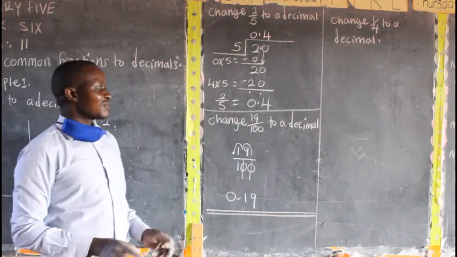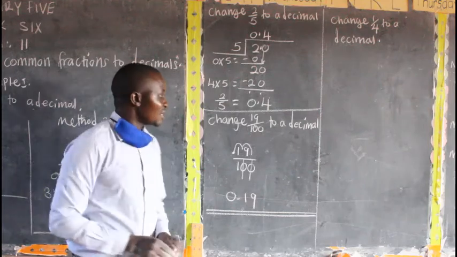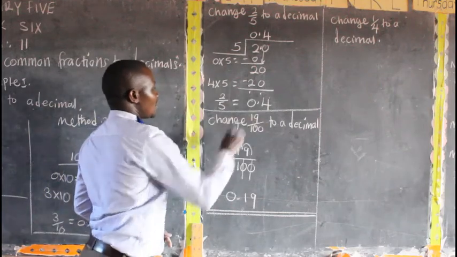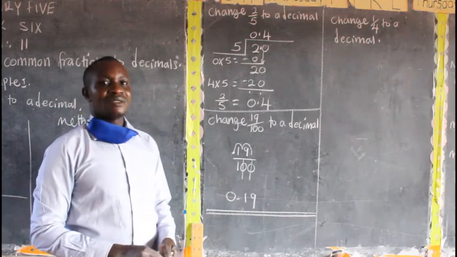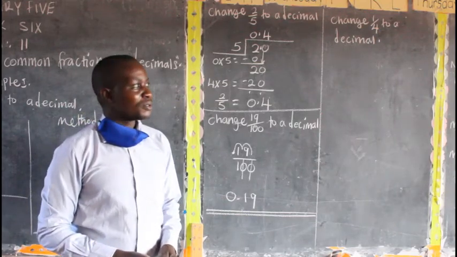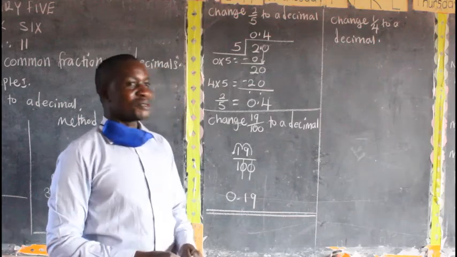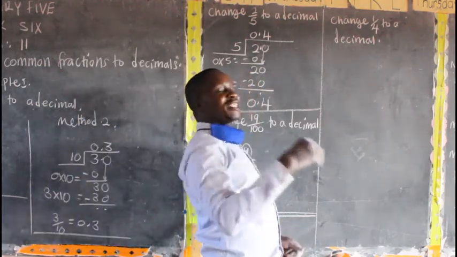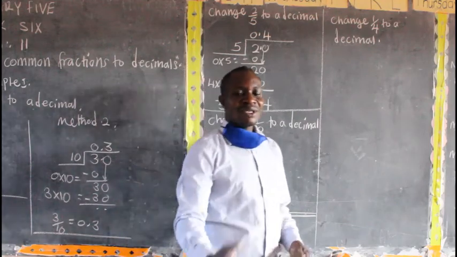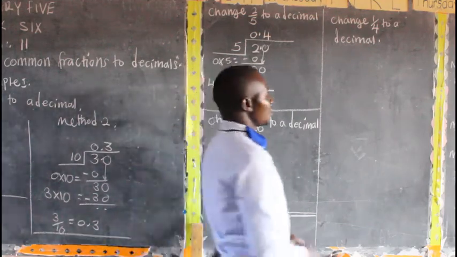Now that takes up our example 4, which is the last example. The last one says change 1 out of 4 to a decimal. That implies that you get 1 and divide it by 4.